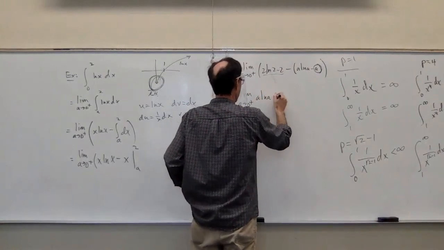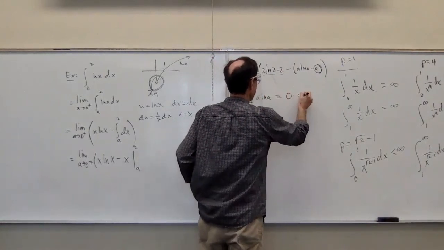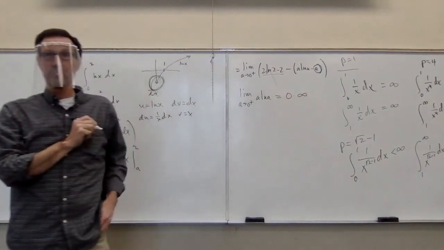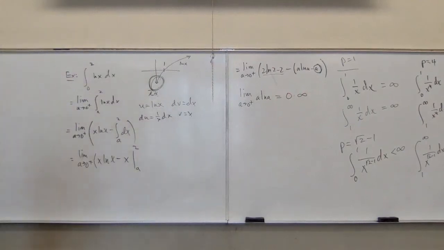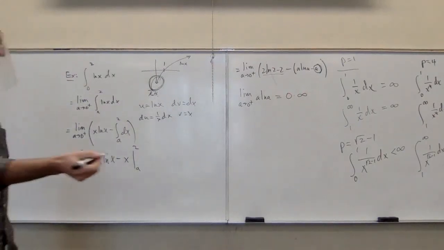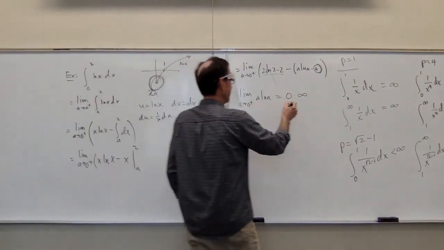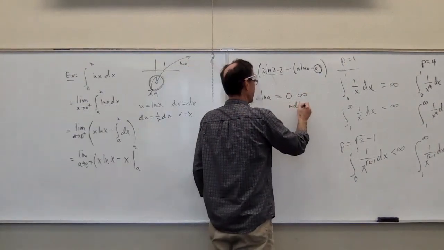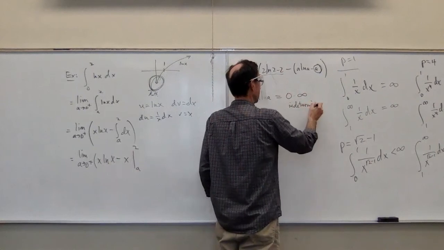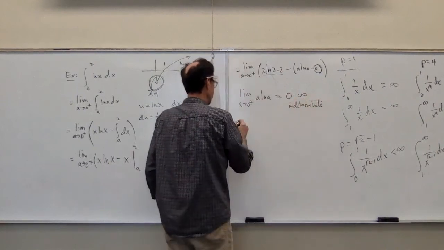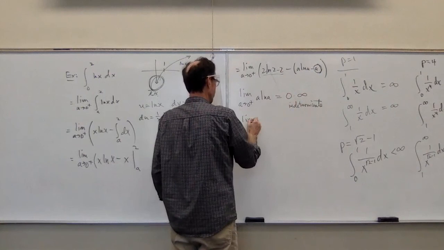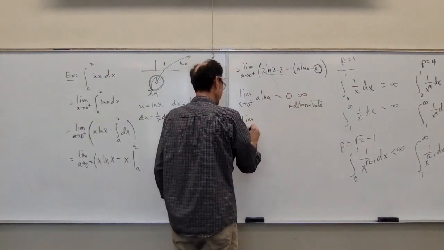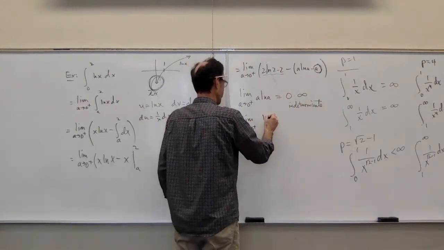A ln a. Notice that has the form 0 times infinity. The log goes to infinity. A is going to 0. And this is an indeterminate form we learned in Calc 1. And so what we need to do is use L'Hopital's rule. But I need a fraction. And that's easy to get. I'll just pick one of the factors.